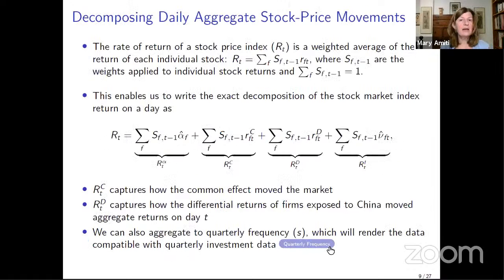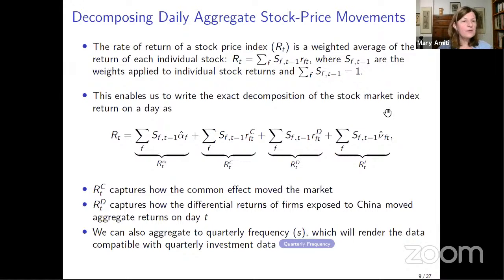Then we can easily aggregate those to the annual level, or whatever T is. It could be the day, or going from the firm level by using the firm's weights, and we can weight each component.